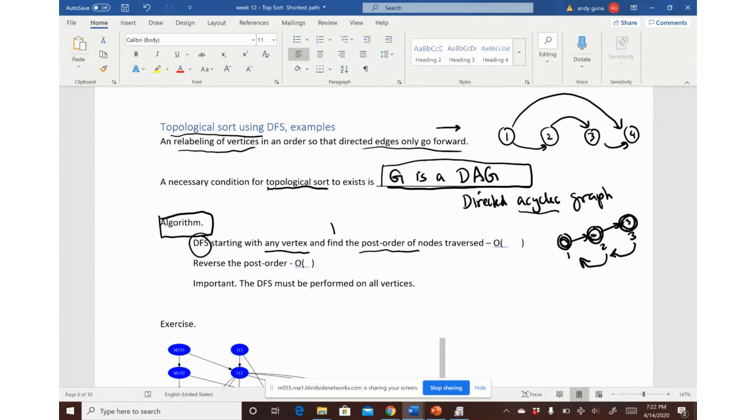Now remember, in the recursive algorithm, we do DFS of V, and then we call DFS of some neighbor W, right? So we just keep calling DFS within DFS.